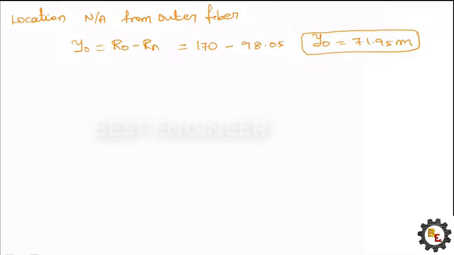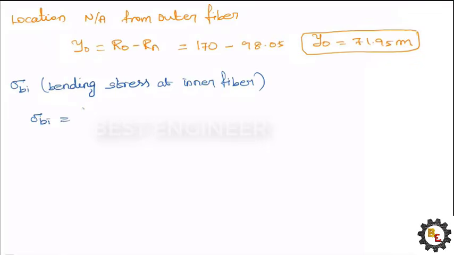Let's find the stress at the inner fiber now. Bending stress at inner fiber. The formula is sigma Bi equal M into Yi divided by area into eccentricity into inner radius.